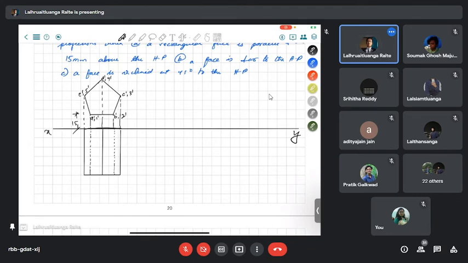So subsequently, these points will be A, B, C, D, E, corresponding to the top view of those particular corners.